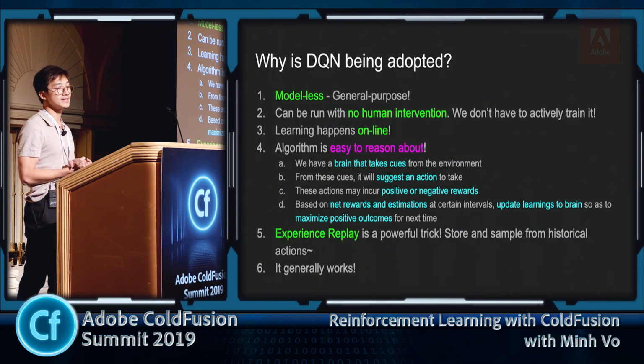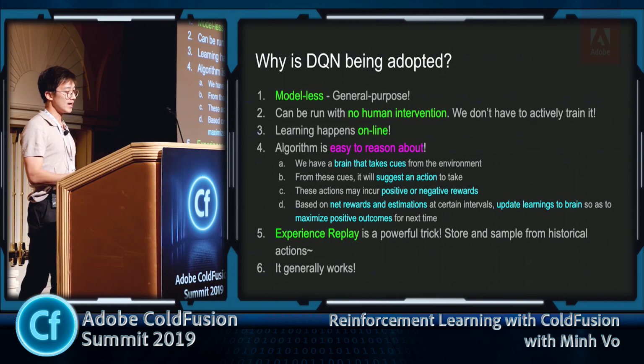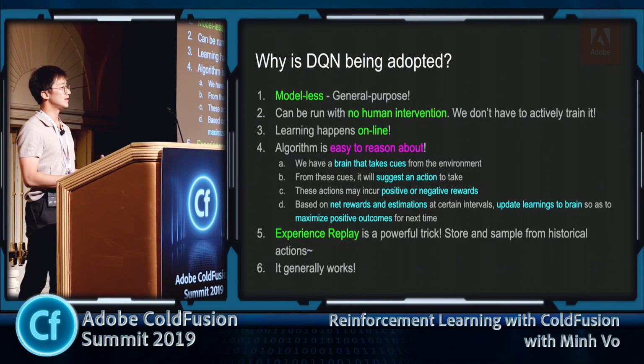So why is DQN being adopted? The main reason is because it's model-less and very general purpose. It can be run with no human intervention because, like we told you before, the supervised part of it is automated by some function. The learning happens online, meaning you can just throw it into the world and it'll start prescribing actions.